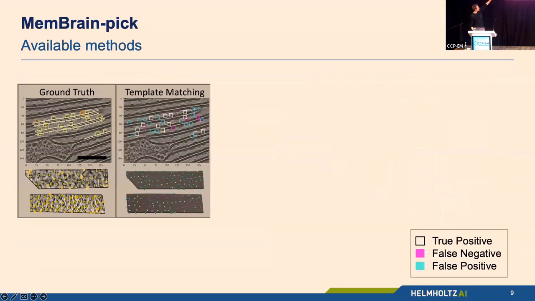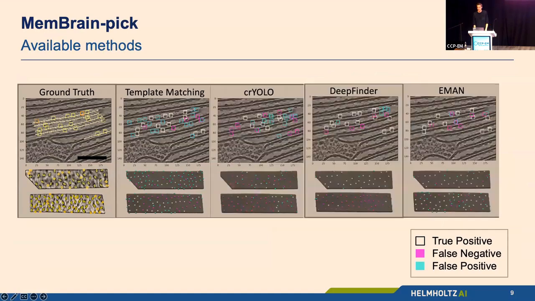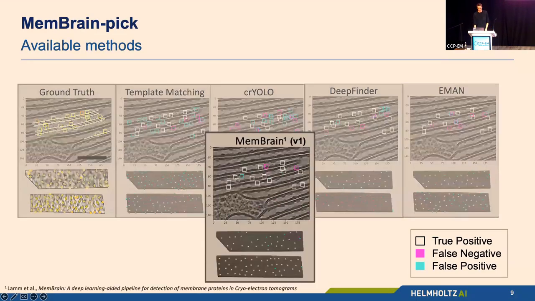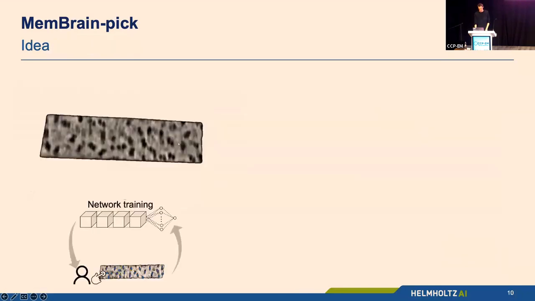So we're looking at, we want to have as many white squares as possible. So that was not really satisfying, and the same also for a couple of deep learning methods that we tried, Pryolo, DeepFinder, and EMAN2. So I think 2 years ago, we came up with MemBrain, which was back then V1, and that was performing already pretty nicely.